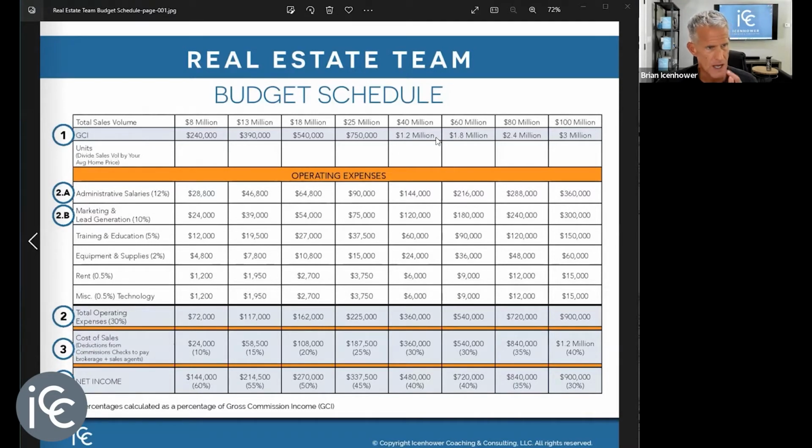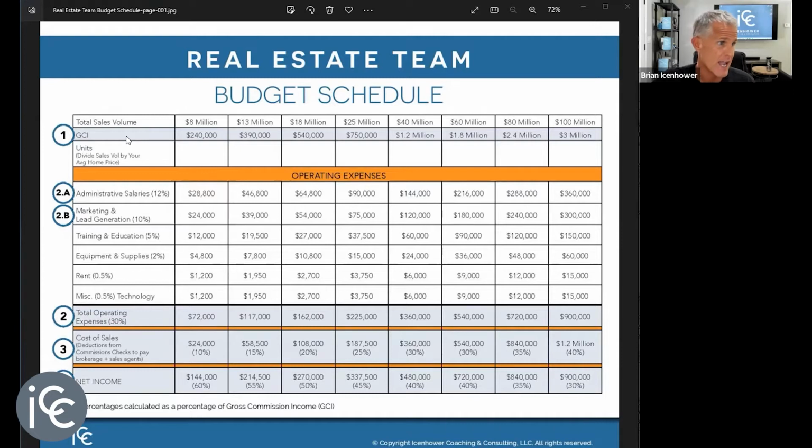But remember, like we talked about last time, gross commission income is gross commission income, which means if you're on a real estate team or in a real estate brokerage, which most people are in one of those two, if not both, gross commission income is the total amount of your commission check before you pay out any cost of sales to buyer's agents, a team leader, a broker manager's commission split, or the brokerage commission split.